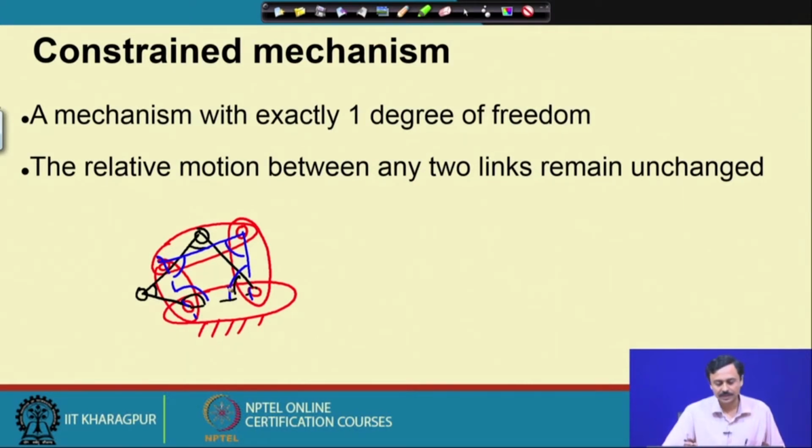There is no other possibility, since this has 1 degree of freedom. If I fix one, all the other angles will get fixed. So, the relative motion between any two links remains unchanged if it has 1 degree of freedom.